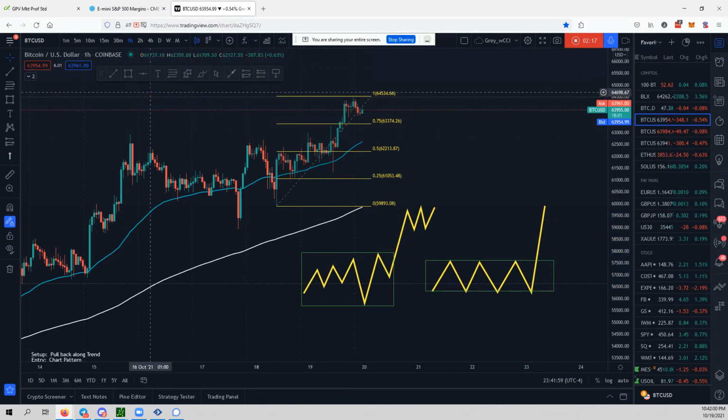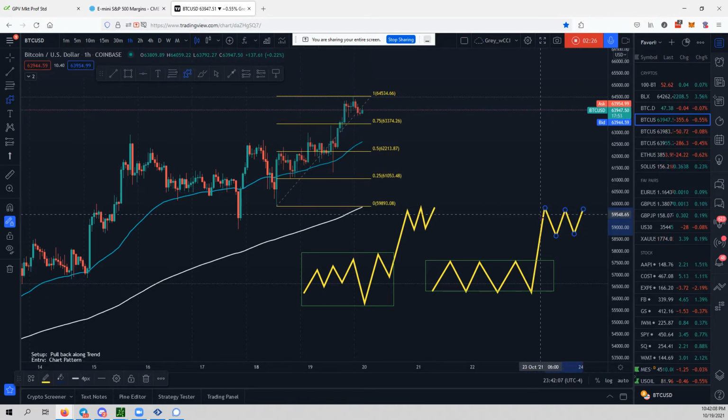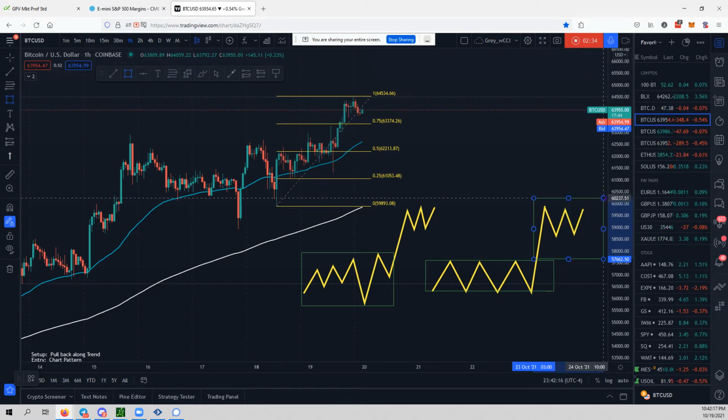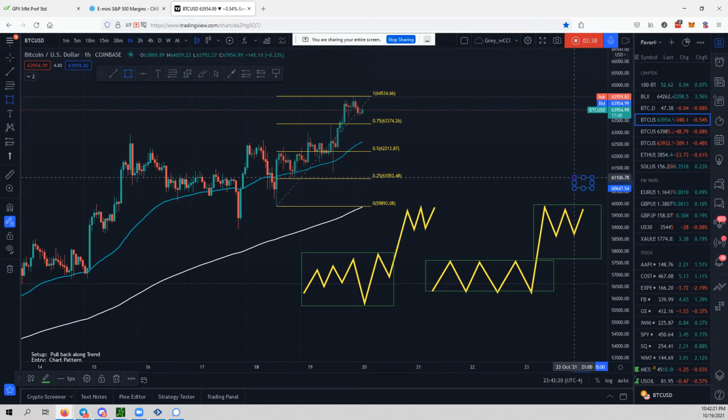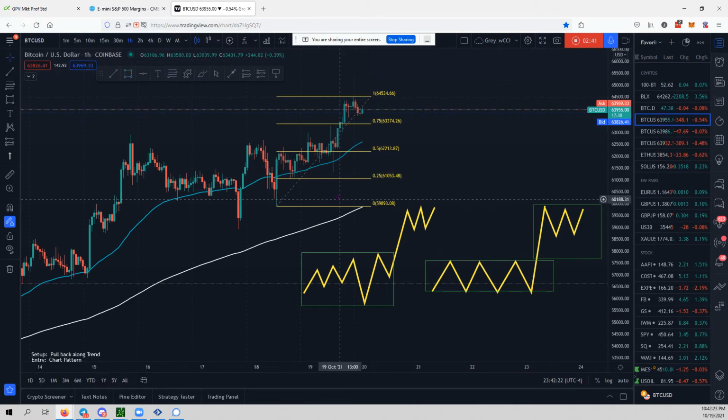Okay, and then from here you'll see price range. You have to train your eyes to see this. What you want to do then is to box this off. So the question is, is this the correct fib placement?